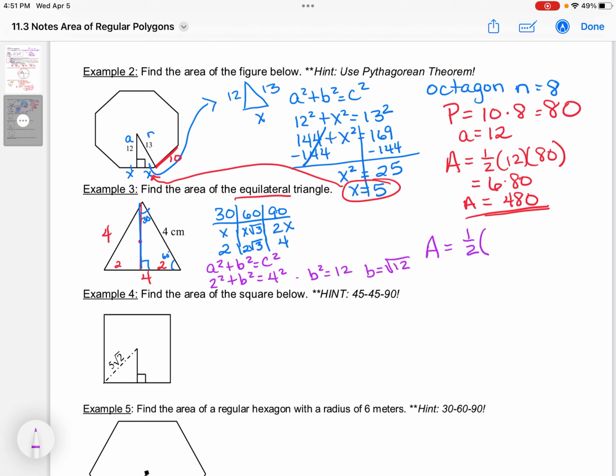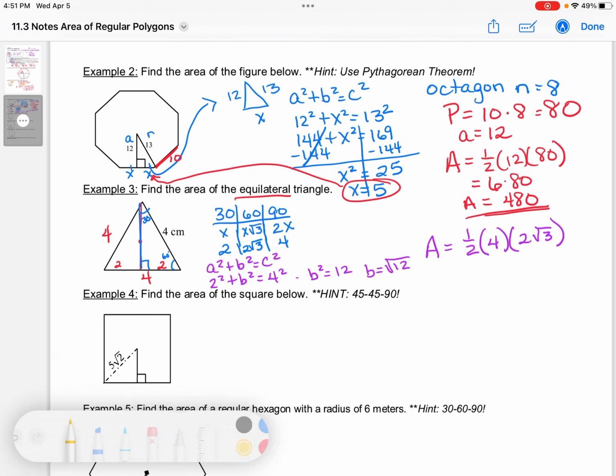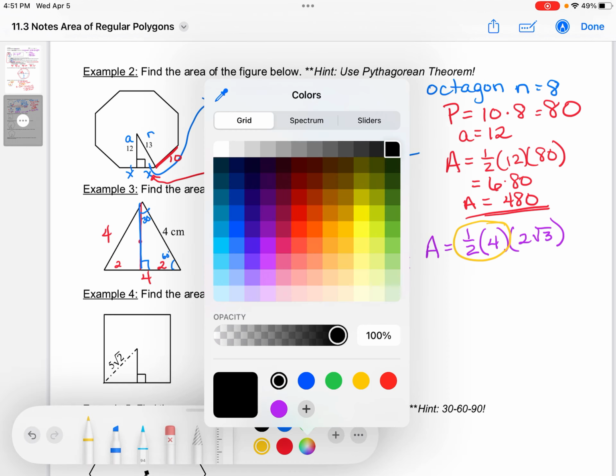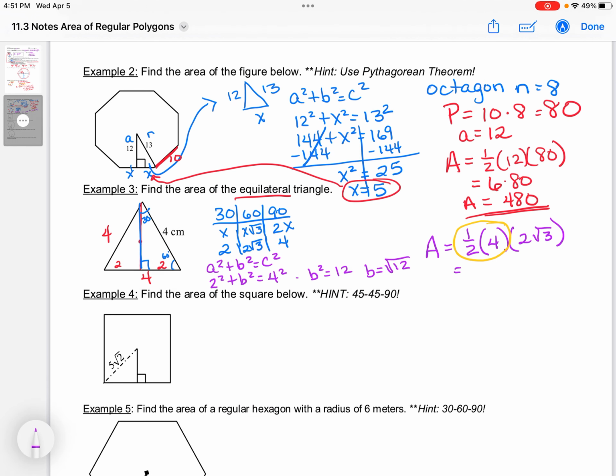So to find the area, we could just do 1/2. 4 is the base. 2 times the square root of 3 is the height. So if I do 1/2 of 4, that's going to end up being 2. So I have 2 times the square root of 3, which is equal to 4 times the square root of 3.